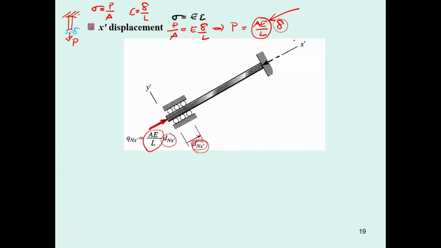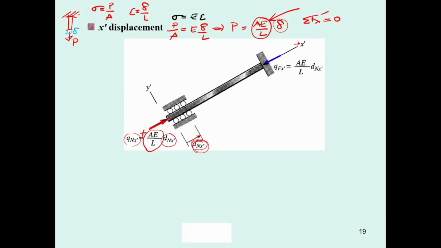Then if you use the summation of forces in x prime equal to 0, since this one is subjected to Q sub N x prime over here, you will have the resistance force. That's going to be Q capital F x prime, and this is put in the direction opposite to the positive x prime. This is in the positive x prime. The signs of them are going to be different.